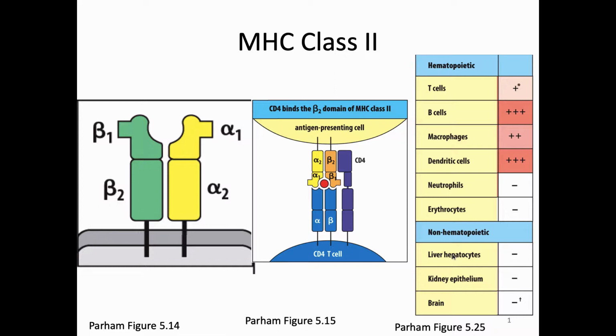For class 2, this process is only done by B cells, macrophages, and dendritic cells, and not by other cell types. And so this is going to be a bit more limited. In fact, these cells can turn up or down their amounts of class 2. It's not as constitutive as we saw before.